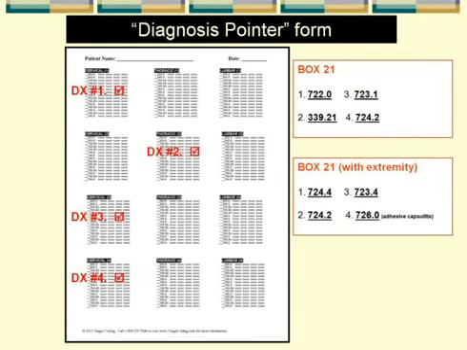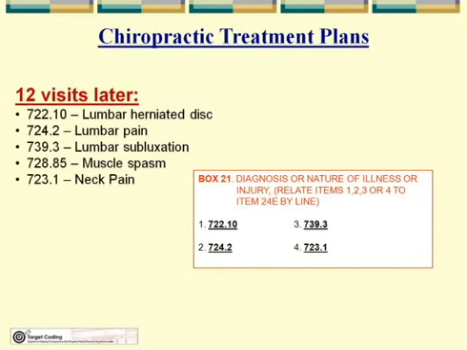In that book is a pointer form, and this allows you to choose the codes that have the highest value, and they are based on the hierarchy. You check these off, and you give it to your staff member, and then they could enter it into your system in the order in which will get you paid the most. Then 12 visits later, you reevaluate the patient, and that's how you determine what the next step is going to be.